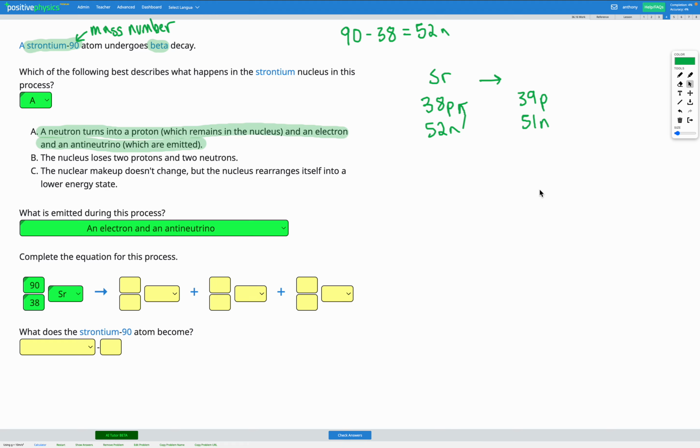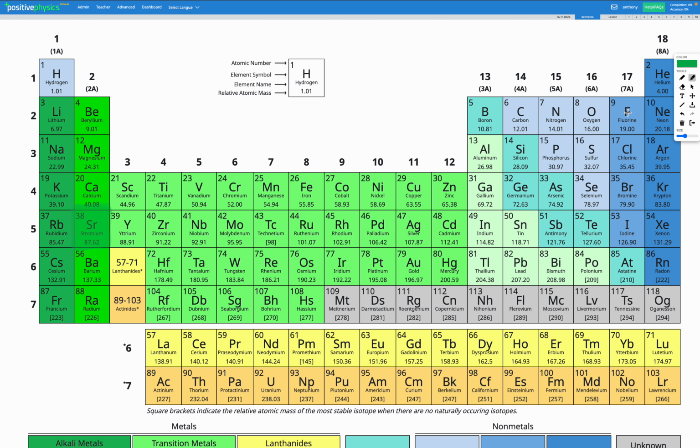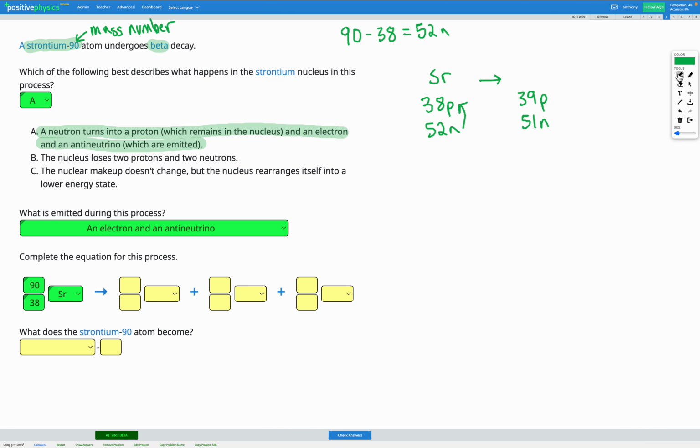So let's head back to our periodic table and figure out which atom has 39 protons, in other words, an atomic number of 39. And here it is. It's yttrium, which has a symbol Y. So we've got yttrium with the symbol Y. You can go ahead and fill that in now. We've got yttrium. Our number of protons is 39, so that's our atomic number.